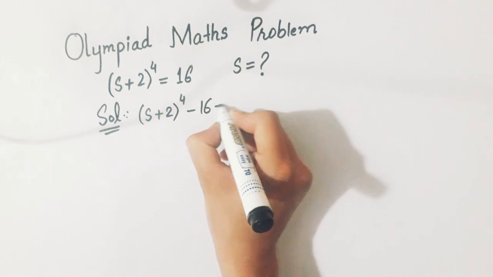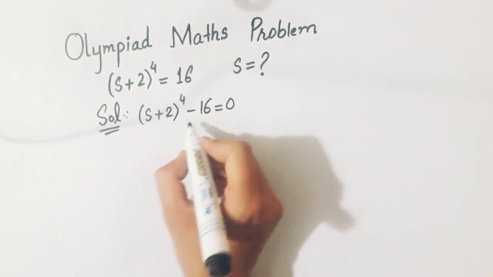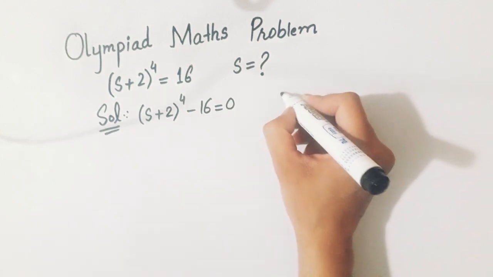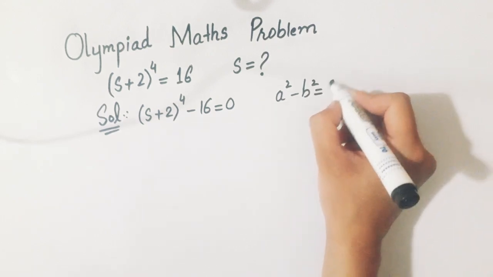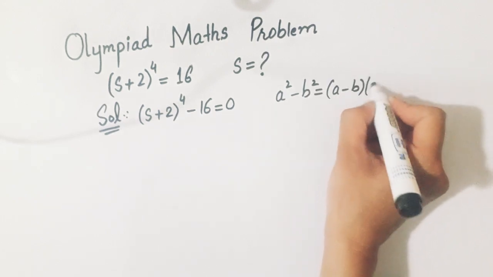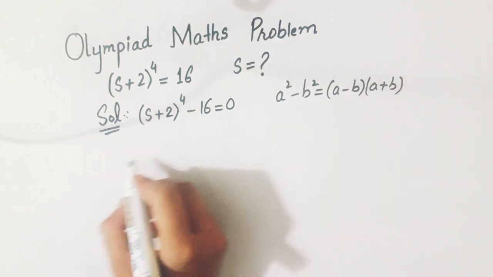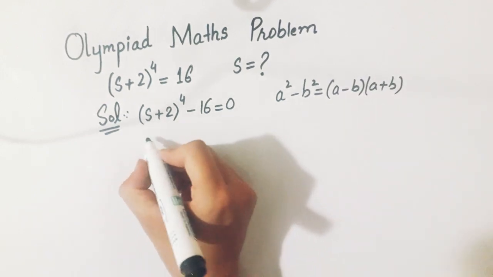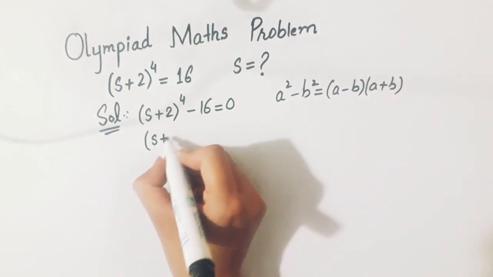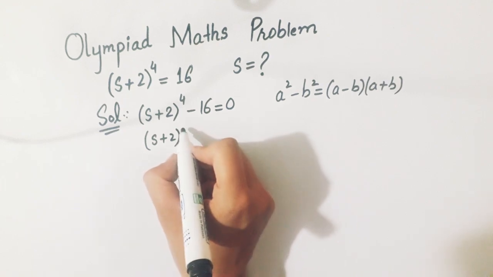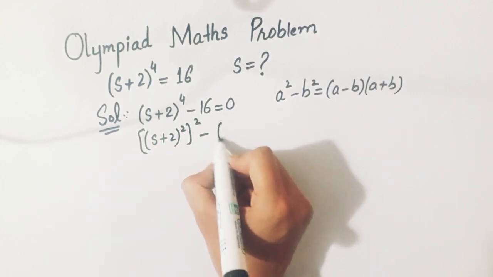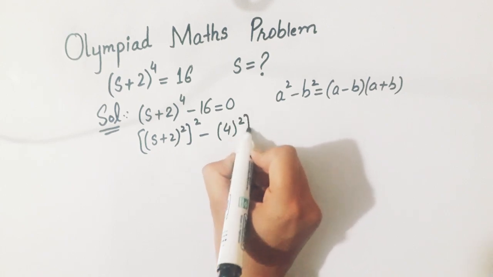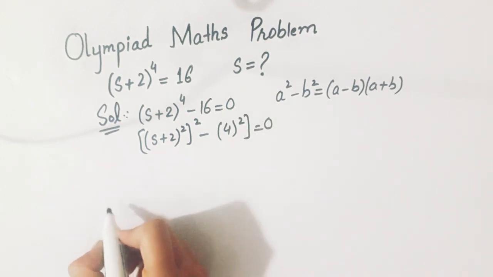minus 16 equals 0. Now here we will apply the formula of a square minus b square. According to that we have (a minus b) into (a plus b). So this will become, this is the (s plus 2) whole square minus 16, which means 4 square, and that equals 0.